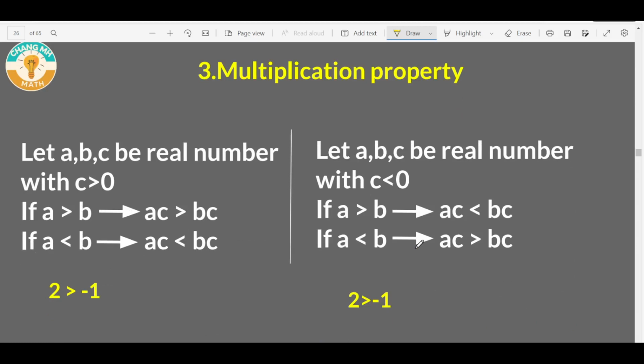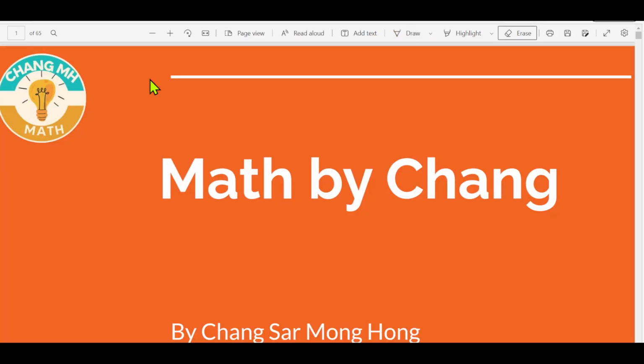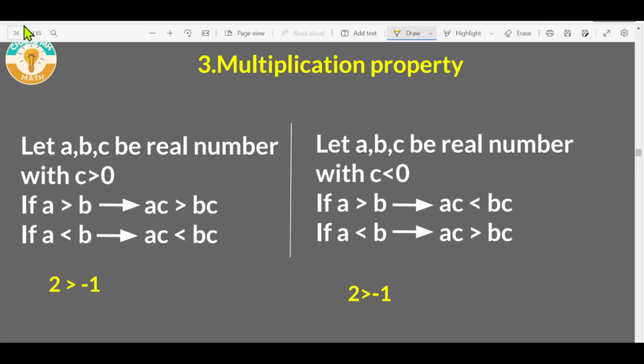Alright, so this is multiplication property, and it's quite easy. There are two kinds of situation in multiplication property you need to consider.